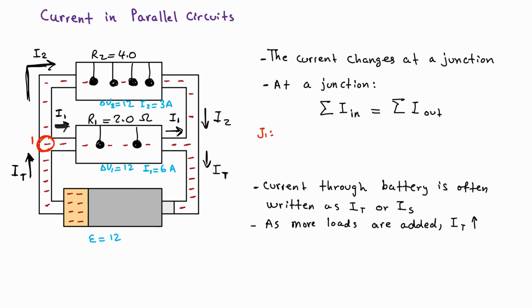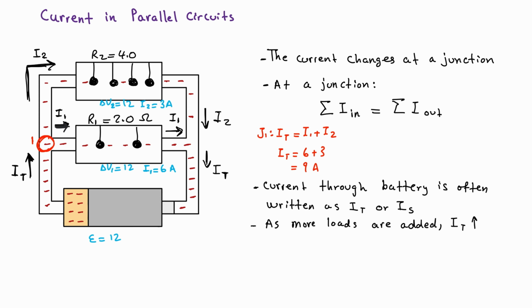So I can write that IT, which is in, is equal to whatever goes out, which is I1 and I2. IT here, I don't actually know what that is. I know what I1 is, it is 6. And I know what I2 is, which is 3. And that's a total of 9 amps for this specific circuit.